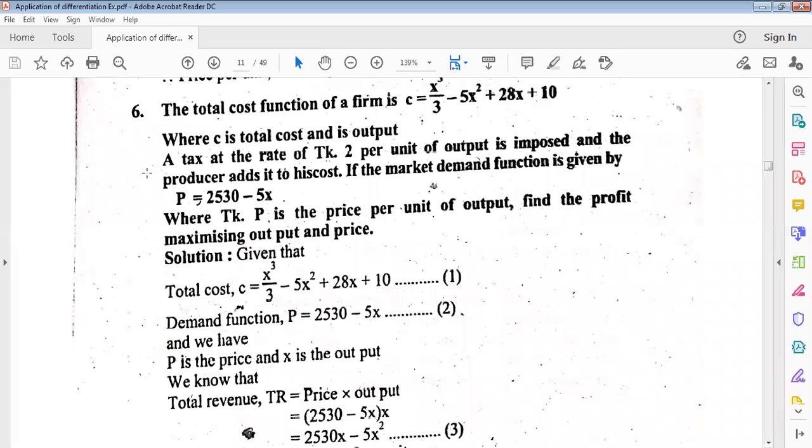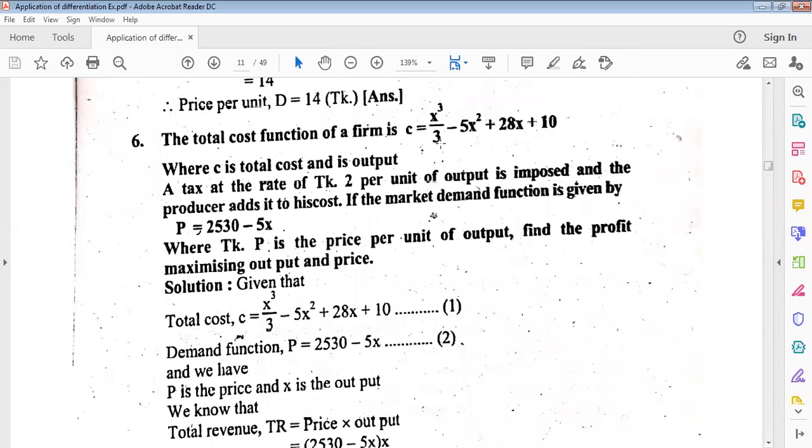Now example 6. The total cost function of a firm is C equals x cube by 3 minus 5x square plus 28x plus 10, where C is the total cost and x is output. A tax at the rate of taka 2 per unit of output is imposed, and the producer adds it to his cost.